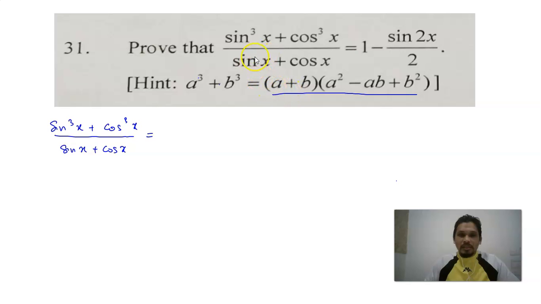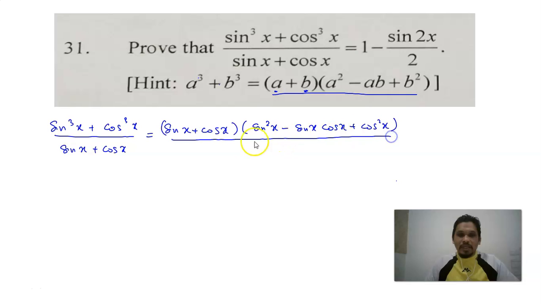In this question, sine cube x plus cos cube x equals, imagine that this is sine and this is cos, so (sine x plus cos x)(sine square x minus sine x cos x plus cos square x), and everything divided by sine x plus cos x.